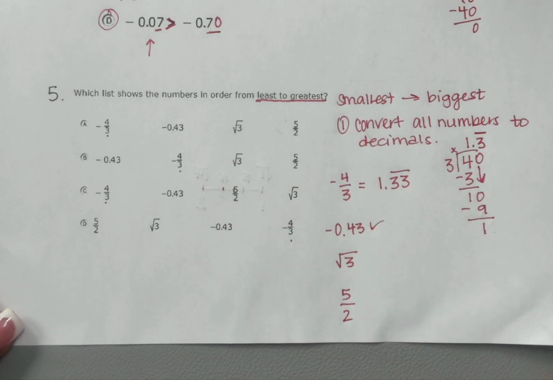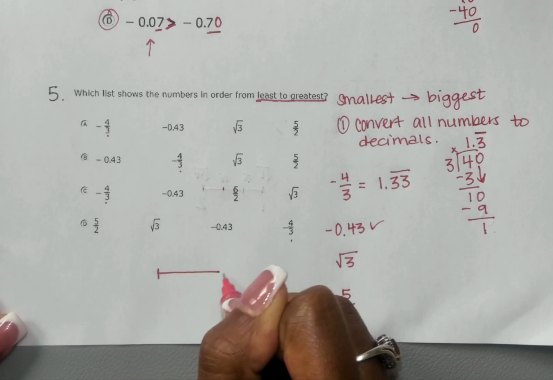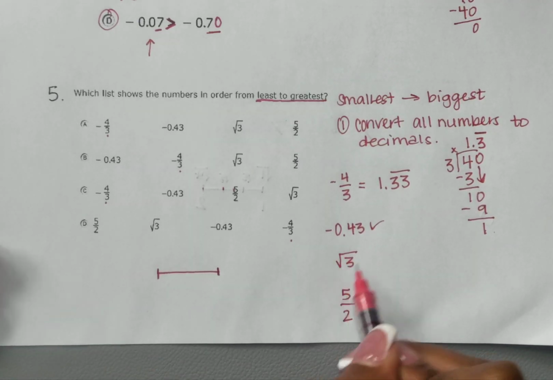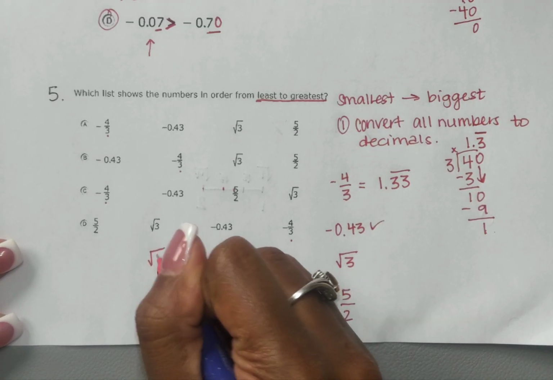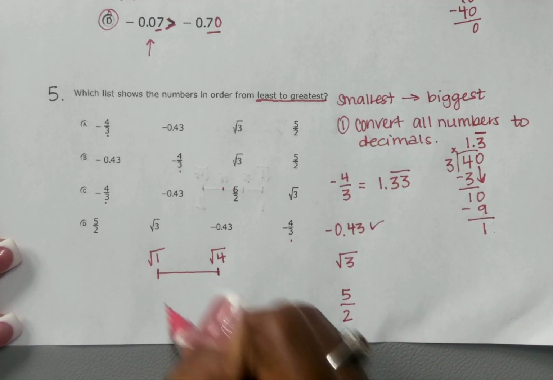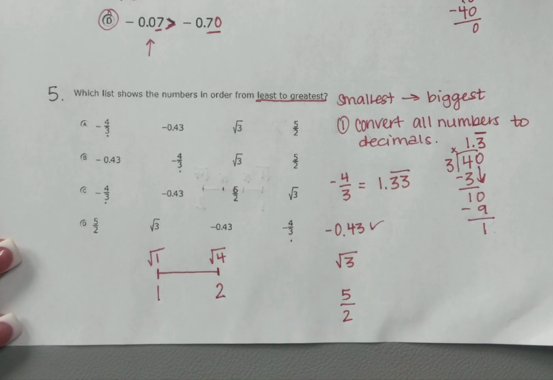We have this non-perfect square. Again, whenever you have a non-perfect square, you want to use the two perfect squares that it will fall between. If I'm looking at the square root of 3, I know that will fall between the square root of 1 and the square root of 4, where the square root of 1 is 1 and the square root of 4 is 2.